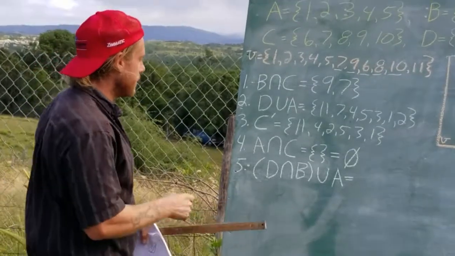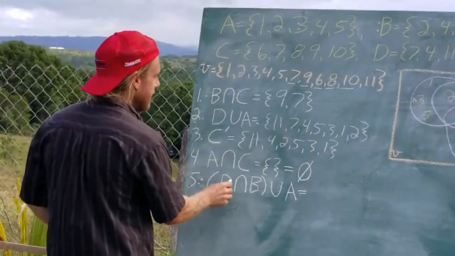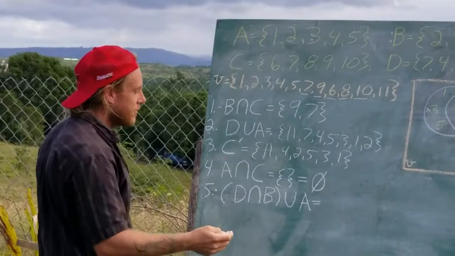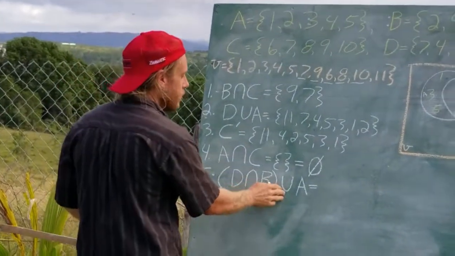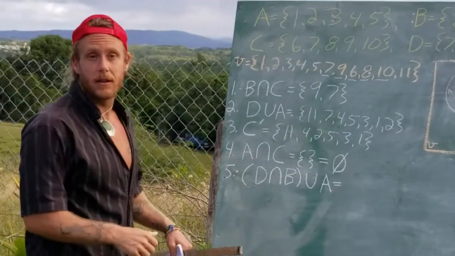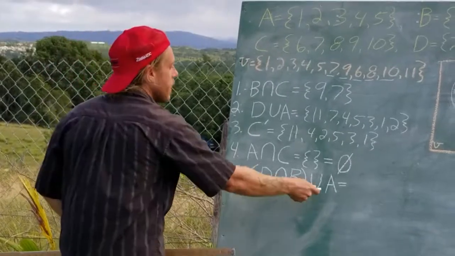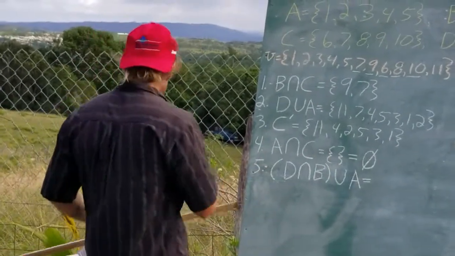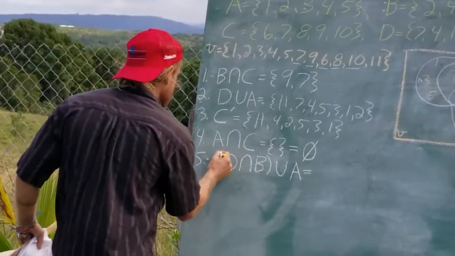We're first going to tackle the intersection of D and B, and whatever set that turns out to be, we'll take that with the union of A, and that will give us our final set that describes this situation. So first, let's do the parentheses.